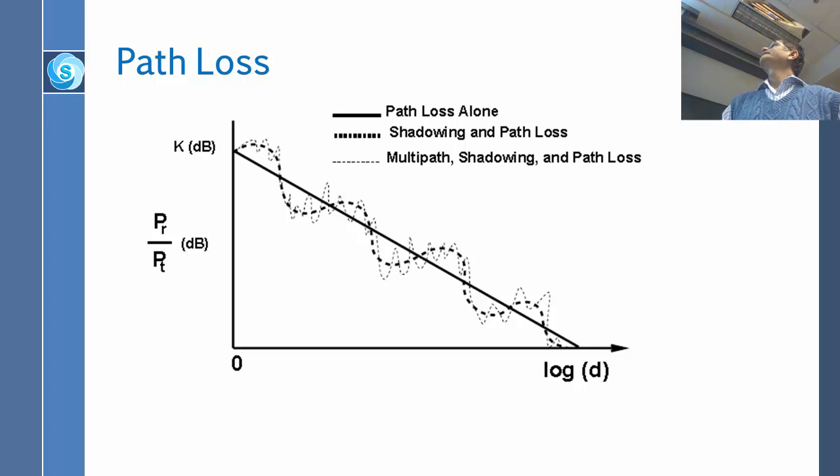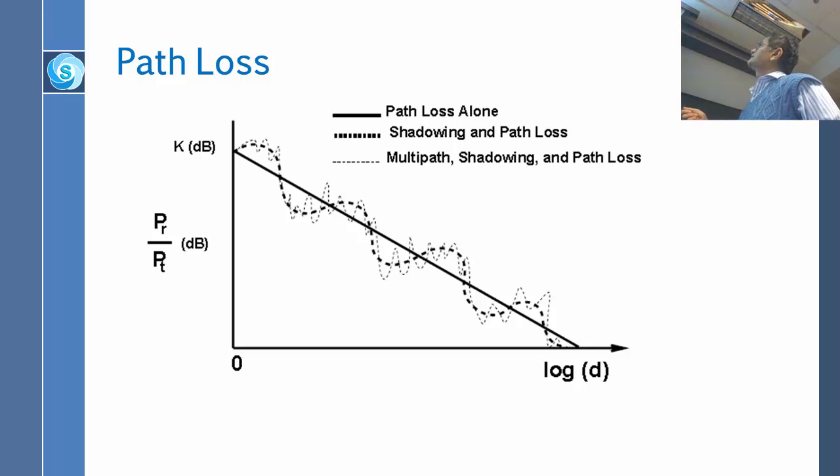What is K? K dB. Basically PR upon PT is the ratio, right? PR upon PT, and so this is the attenuation, and so K is basically the attenuation in dB. By putting the word dB, we are making sure that you understand this is a log scale, not a linear scale, and K is just PR upon PT, and it starts from value K and goes down to value 0.